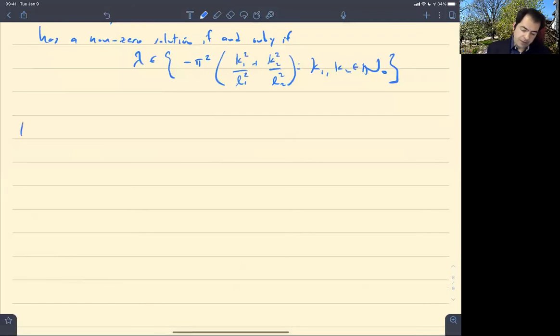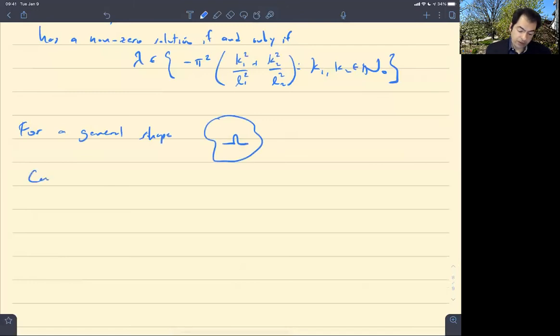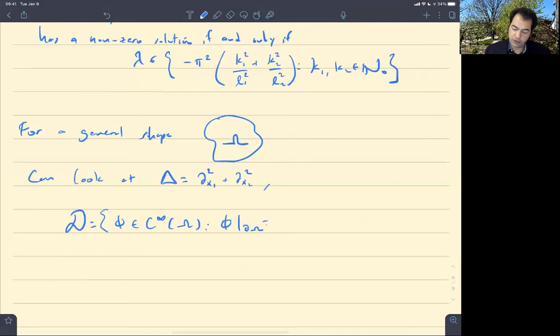For a general shape, we can define the same vector space. We can look at the Laplacian, so this would still be just dx1 squared plus dx2 squared, and we can look at D, so this would be all of the smooth functions on omega such that phi restricted to the boundary of omega is equal to 0.